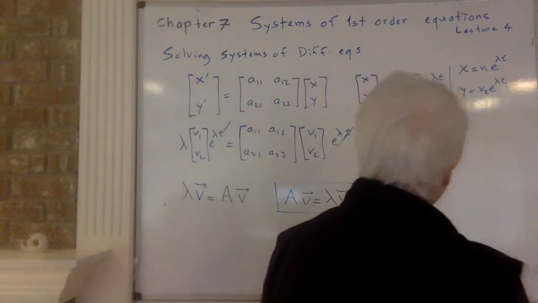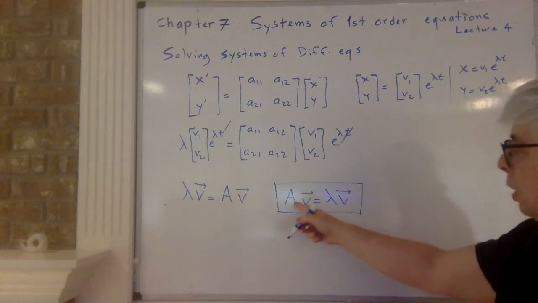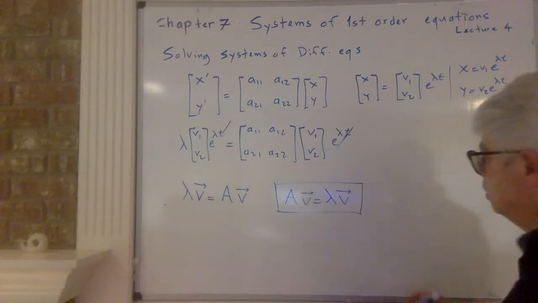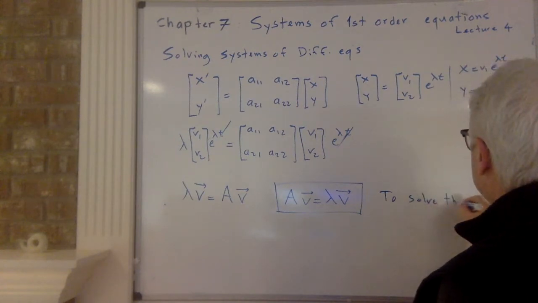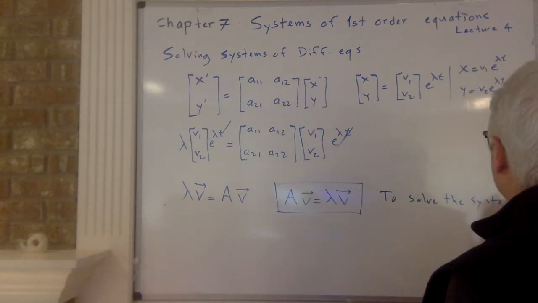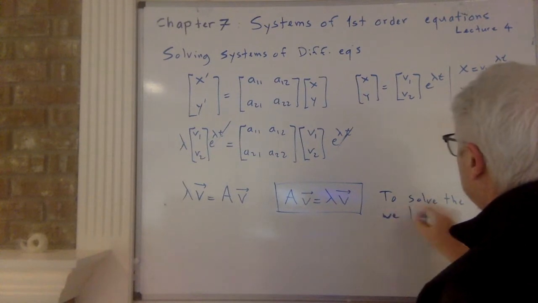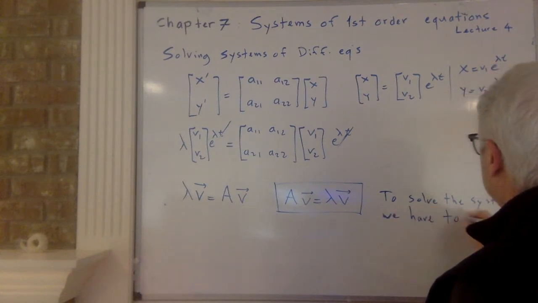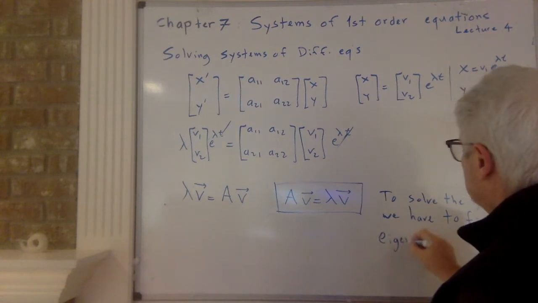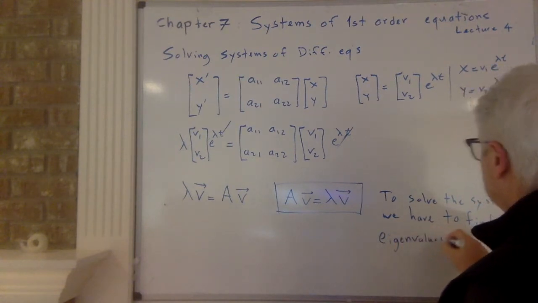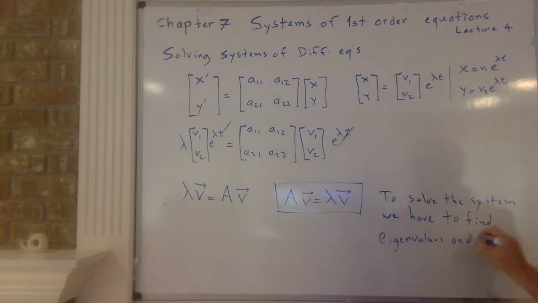So to solve the system, we have to find eigenvalues and eigenvectors of A.